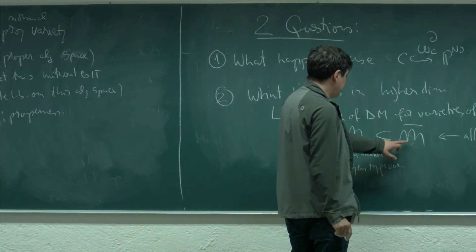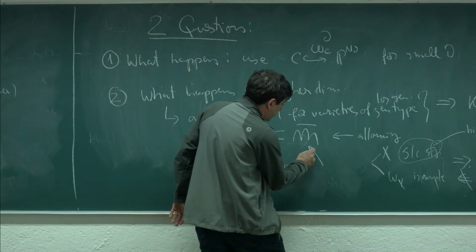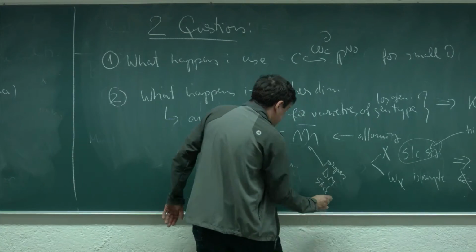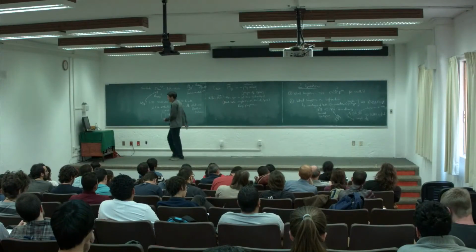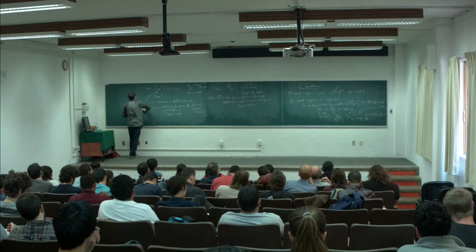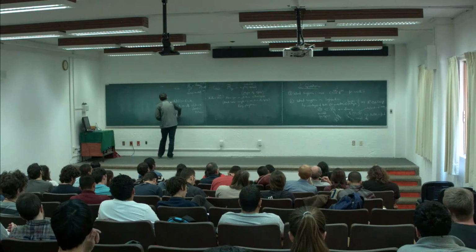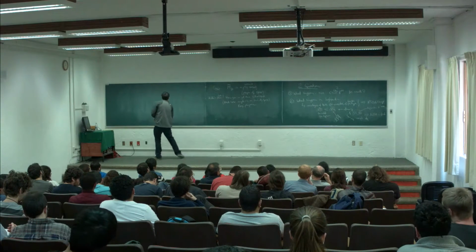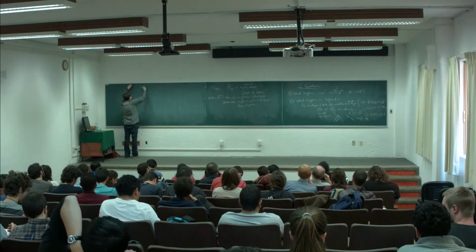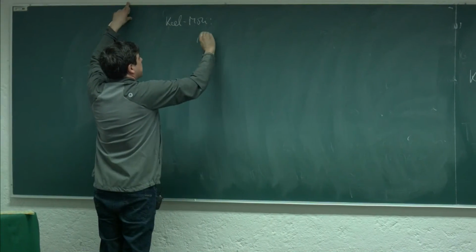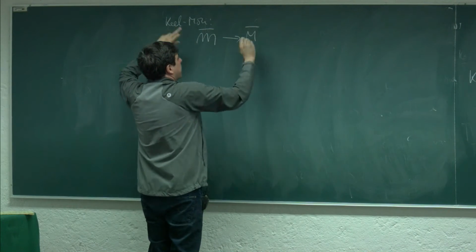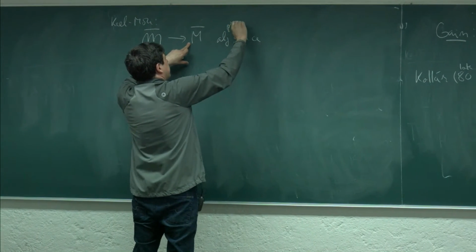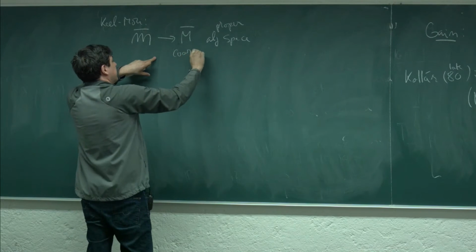So there will be some sort of proper DM stack. Then, as I said, Kollár and Mori tell us that starting with this one, there is some sort of M bar, which is an algebraic space, and this is proper. And this is a coarse moduli space.